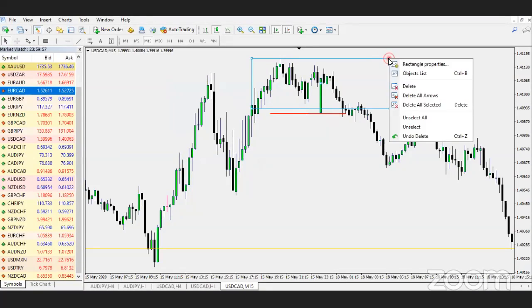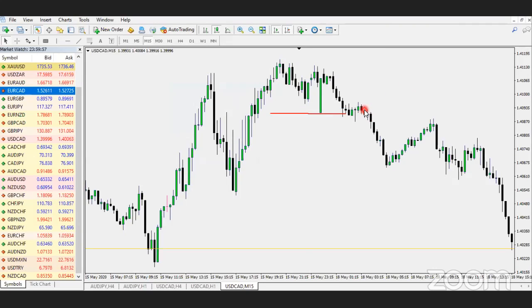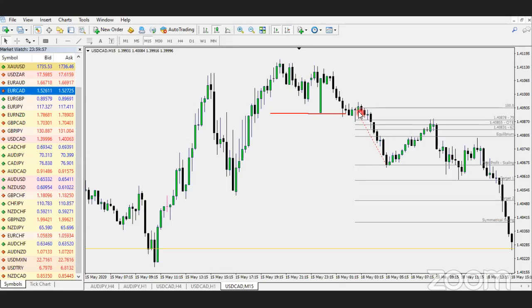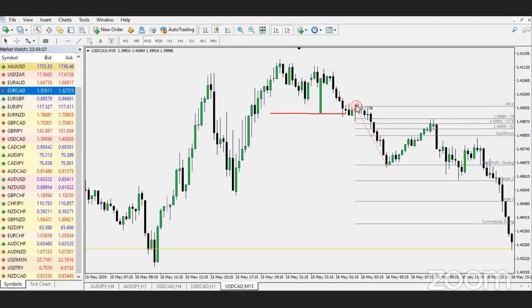And it's important to know that you use the bodies of the 15-minute order block, and it is the candle that is responsible for the break in market structure. So if you look here, I place my fibs directly on the 15-minute order block that is responsible for the break in market structure. Here, this red line represents the break in our market structure.